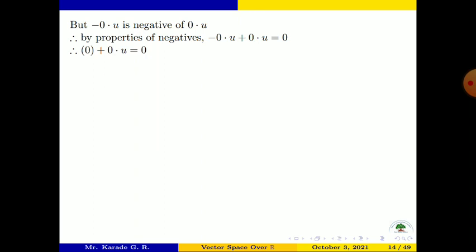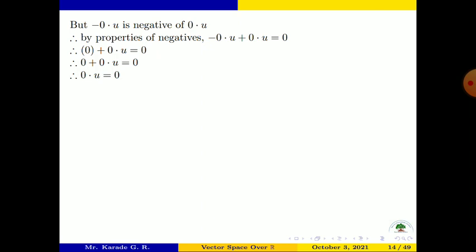Therefore we have 0 plus 0 into u is equal to 0. And again 0 plus 0 into u is 0 into u, since on the left hand side we are adding the zero vector to the vector 0 into u, and we get again 0 into u. The right hand side is 0 as it is, so 0 into u is 0.